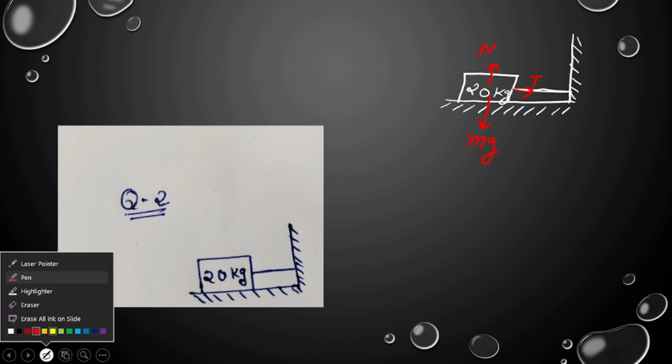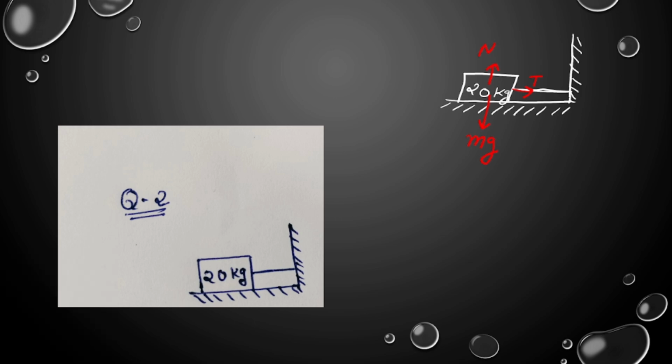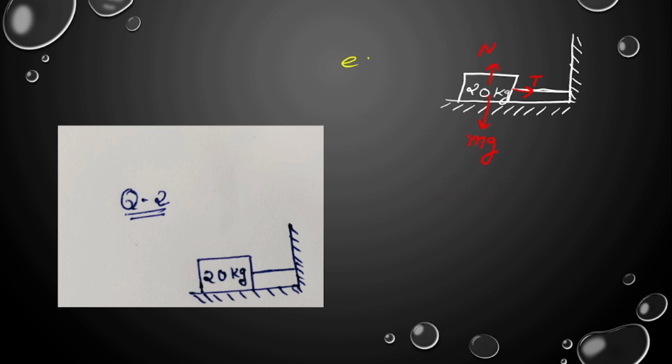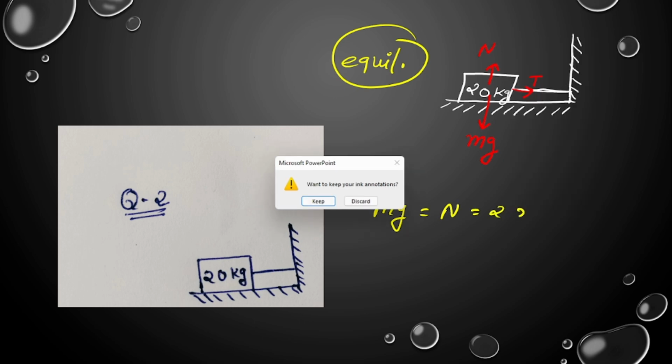Okay, here again we can see equilibrium. As there is equilibrium, we can write mg equals N equals 200 Newton.